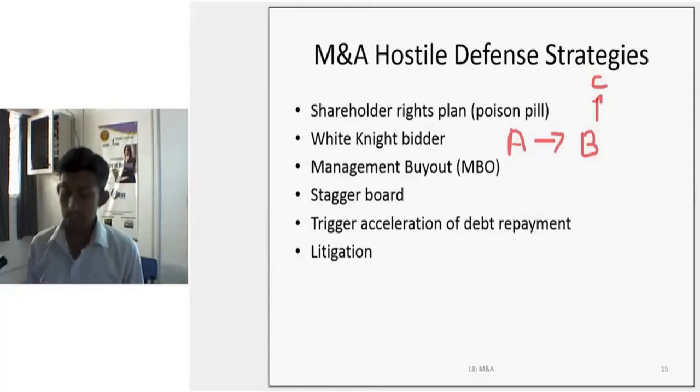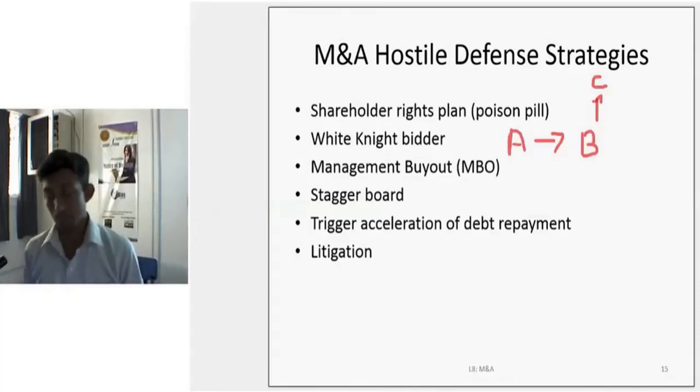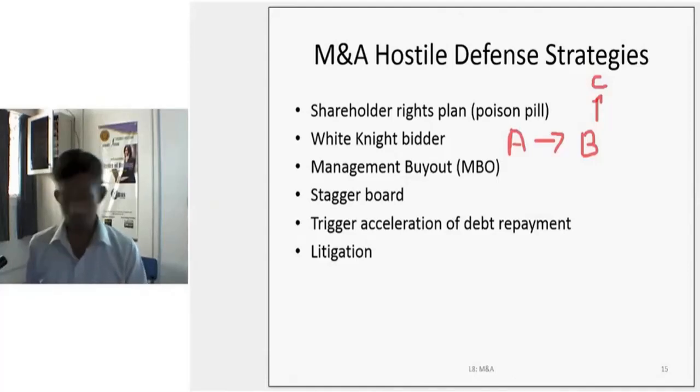And litigation is also common, where B has the right to go to court. Look here, A is going to take over us, which we don't want. Please stop this. They get the blessings from the legal authorities, and they tell the fair trading commissions this is not going to be healthy for our current shareholders, so please stop it.